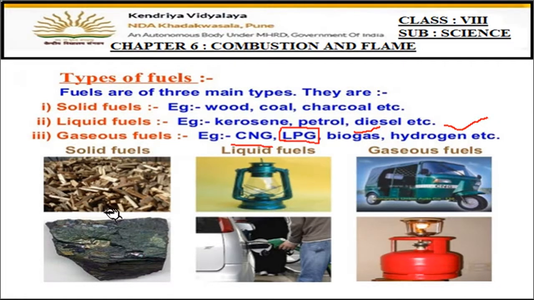Okay, so you can see here some solid fuel, wood and coal. Then in this lamp, kerosene is used. Then CNG can be used as a fuel. Petrol or diesel can be used as a fuel. Then in gaseous fuels, CNG can be used. Fine, and LPG can be used for cooking also. So these are different types of fuels.